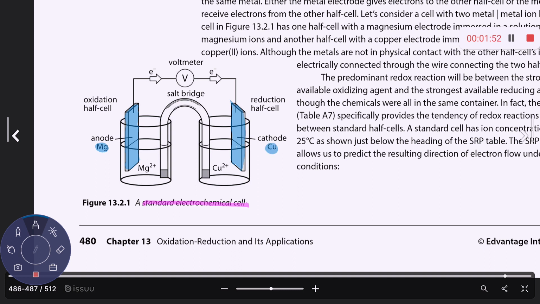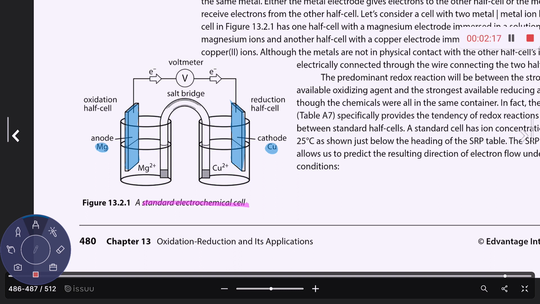And based upon their location on the SRP table, which I'm going to give you a copy of, based upon the electrode's location on the table, that helps you predict which direction electrons will flow.